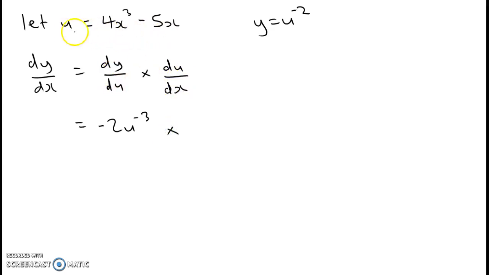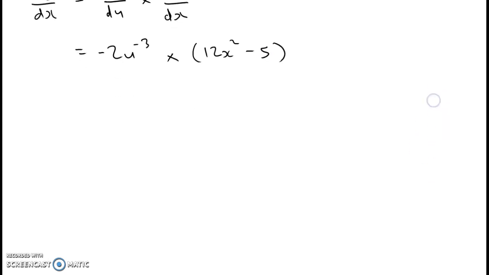So this here, differentiating that with respect to x, will give us 12x squared minus 5. Now just to make it clear, I'll put that as minus 2 over u cubed, so that we're dealing with the positive power, times 12x squared minus 5.